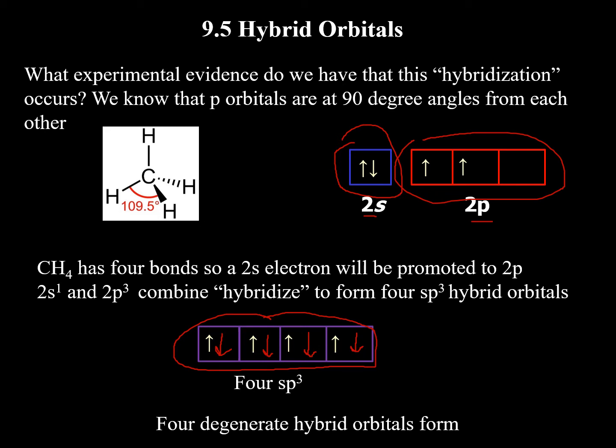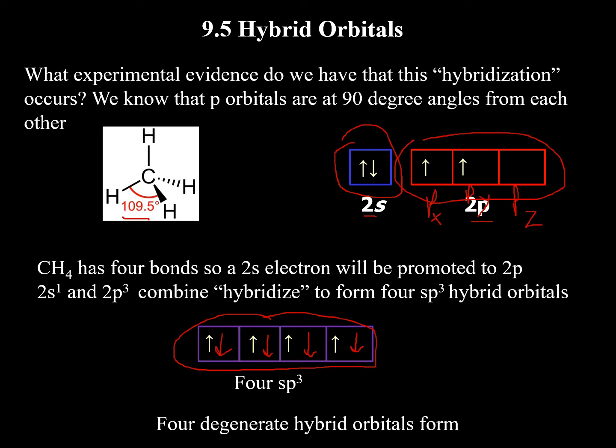Also, you notice here the angle is 109.5. If we had left these unhybridized, meaning the s and the p's didn't combine, we know that the angle between the px, the py, and the pz, between those 3 orbitals, is 90 degrees. And we don't experience that.